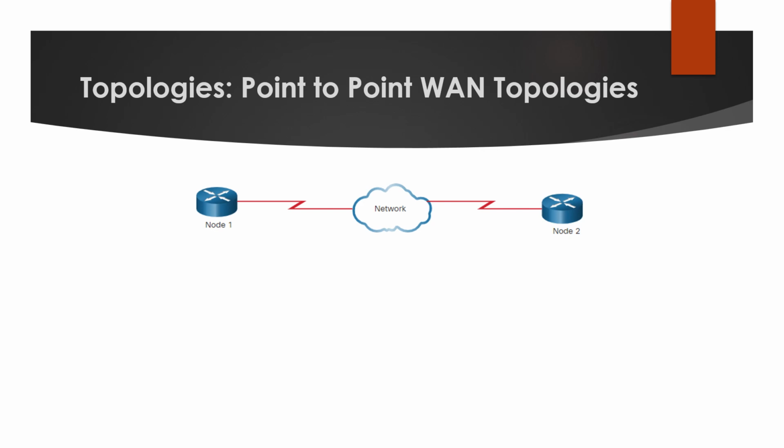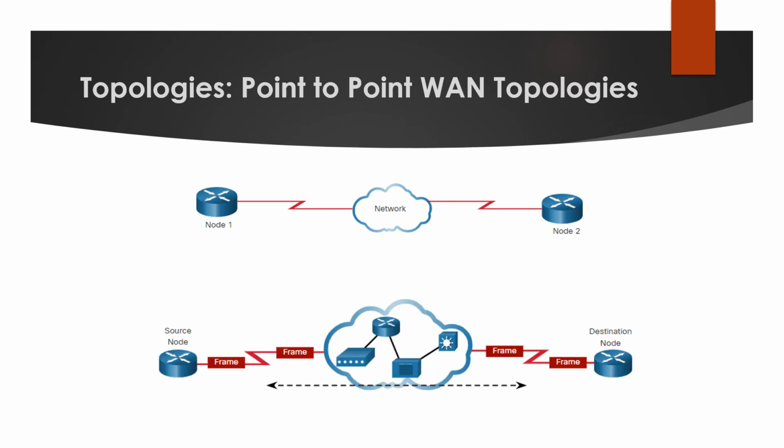The node places the frames on the media at one end, and those frames are taken from the media by the node at the other end of the point-to-point circuit. A source and destination node may be indirectly connected to each other over some geographical distance using multiple intermediary devices.